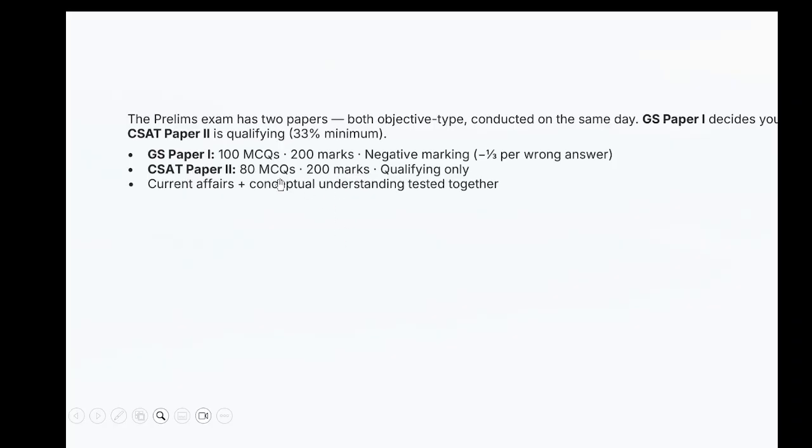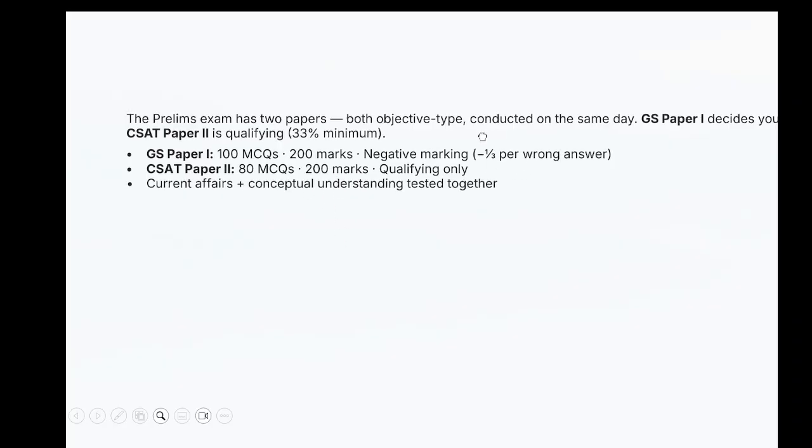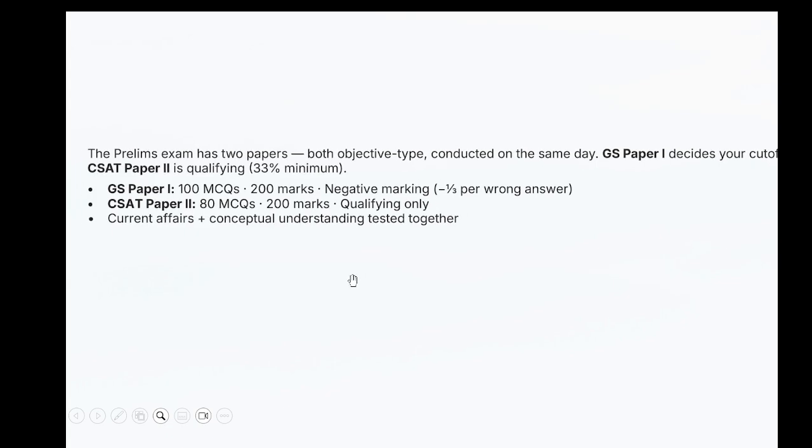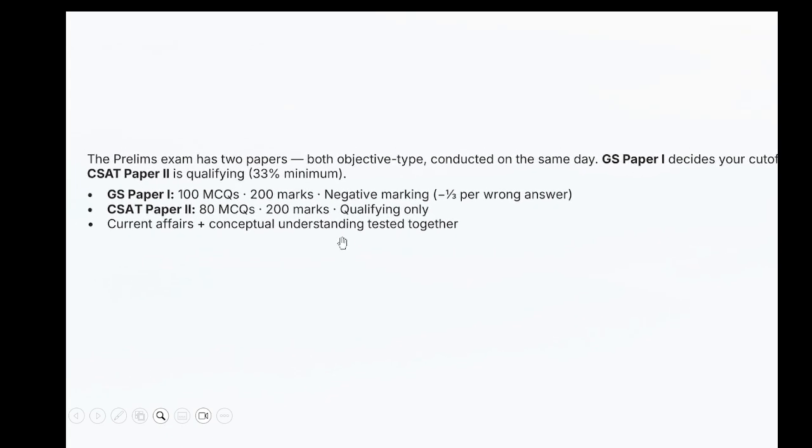I already discussed it: there is a 33% minimum you have to score, and there will be a negative marking of 1/3, so it is only a qualifying test. So here current affairs and conceptual understanding together are needed.